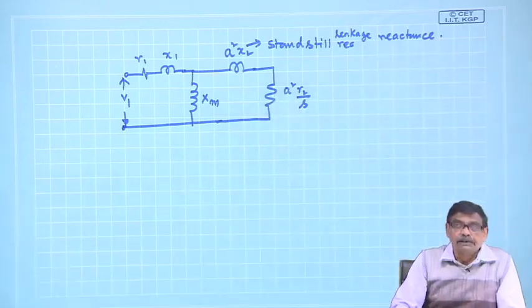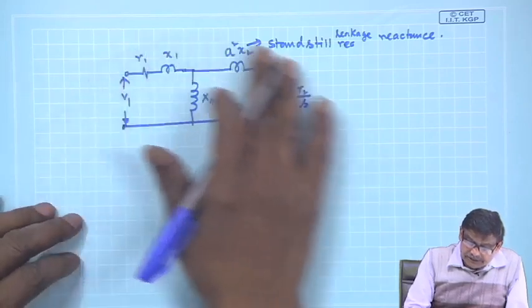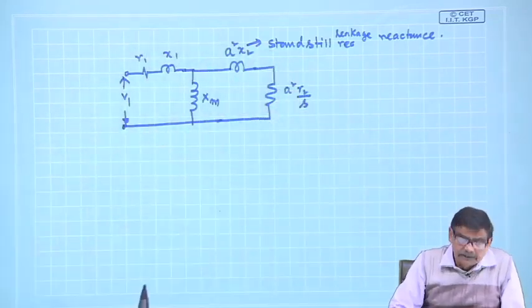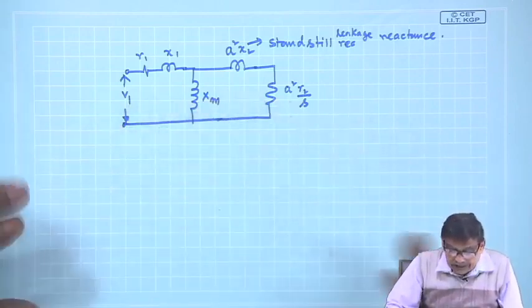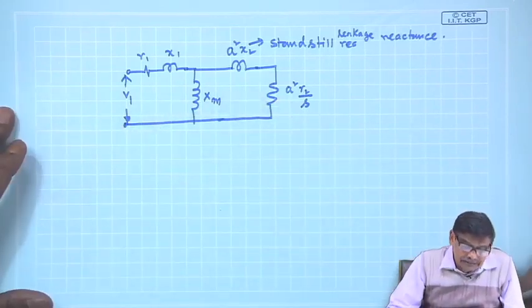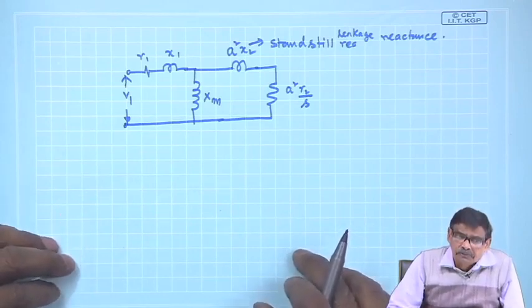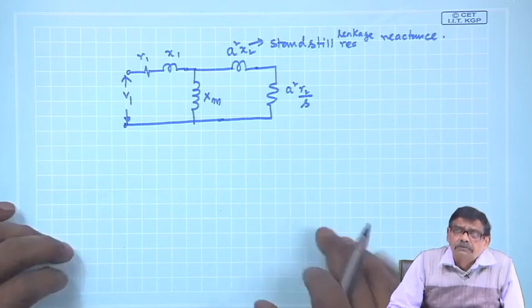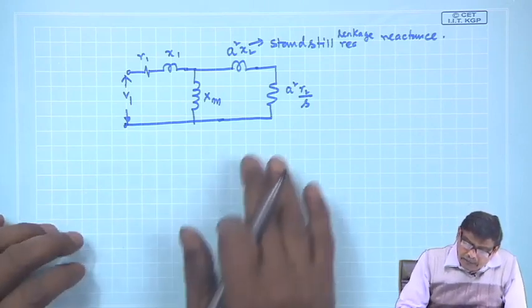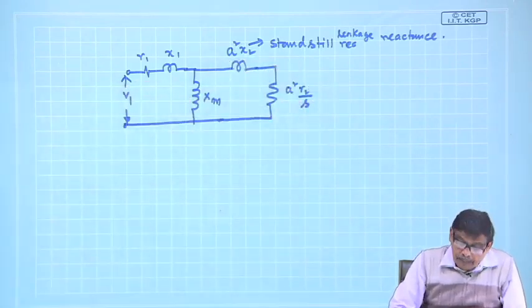S square R 2 by S. Okay, so this is the equivalent circuit. You can draw it also in one stroke, citing some other reasons which are not so nice to understand. That is why I told these things. But anyway, S square R 2 by S, S square X 2 and so on.